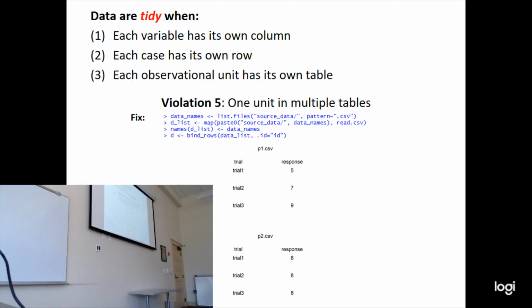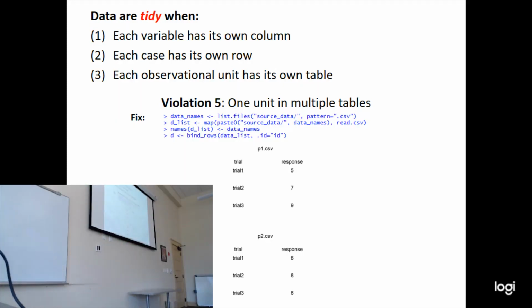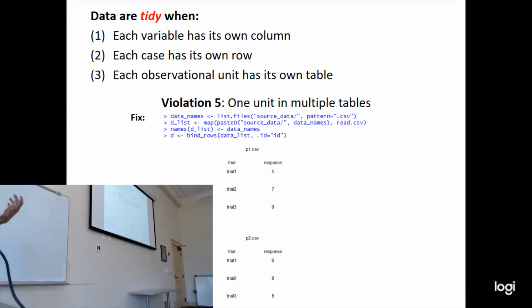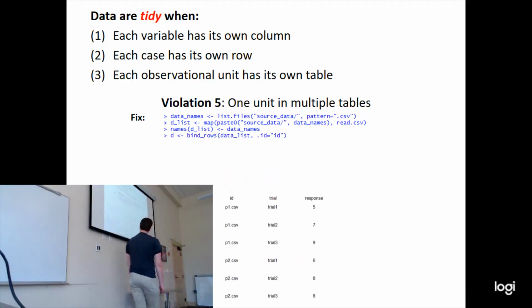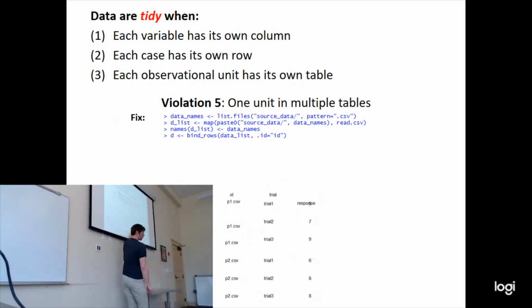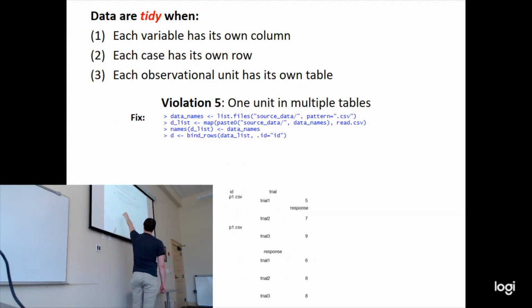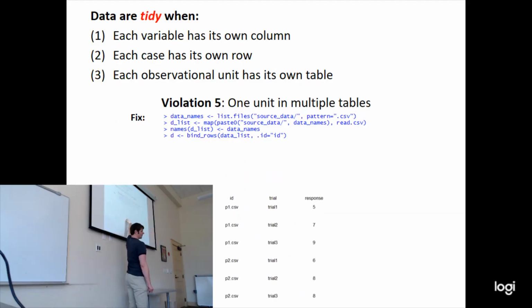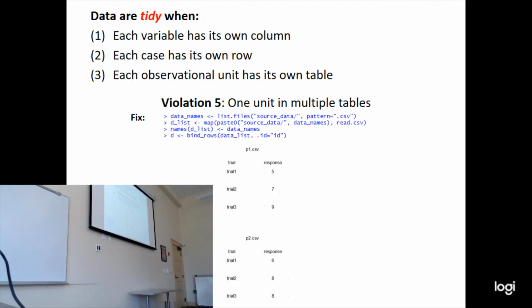And so this is what that looks like if you apply this code. Basically, we're squishing these data sets together, and we get an extra column called ID that says which file each data set came from, for each one.